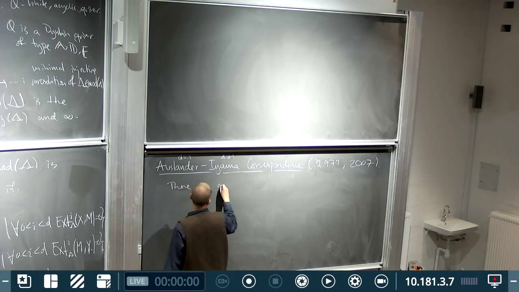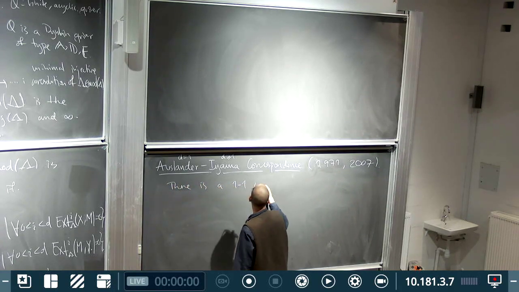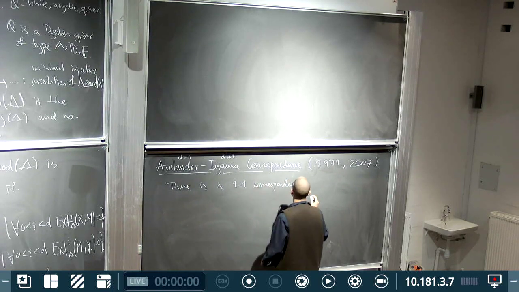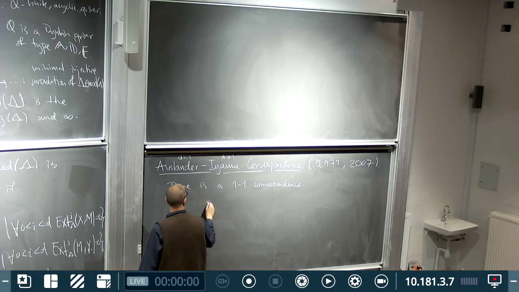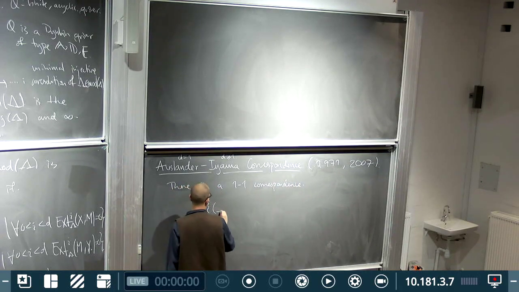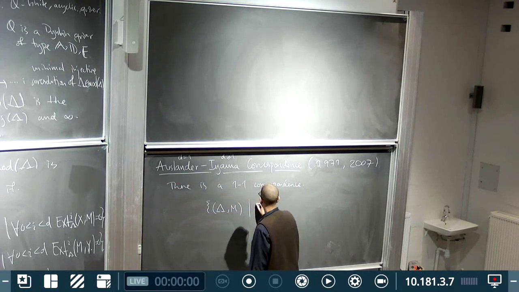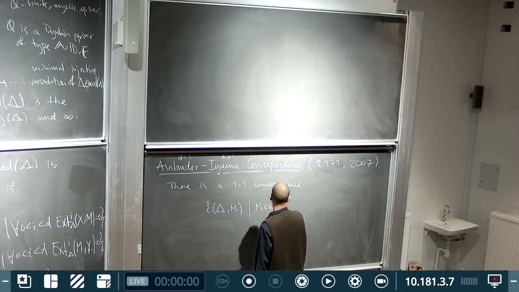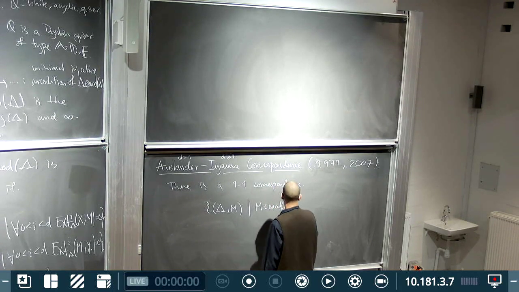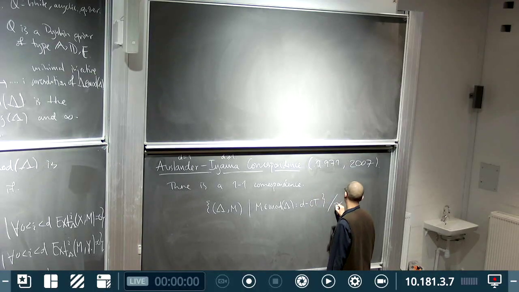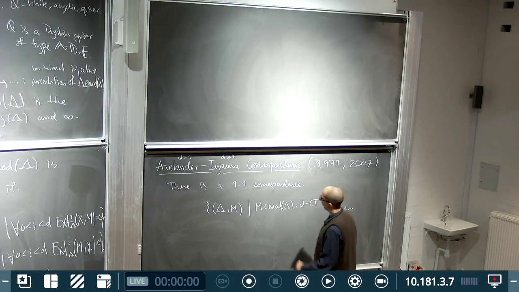So there is a one-to-one correspondence between pairs lambda, N, where N is a finite dimensional lambda module that is d-cluster tilting, up to some notion of equivalence that one could also in a suitable way reduce to a form of Morita equivalence.